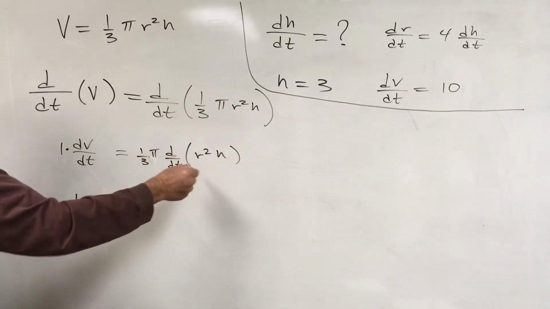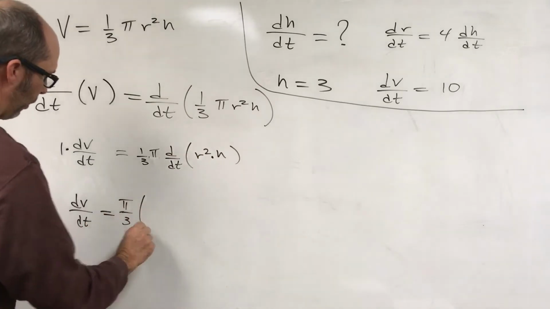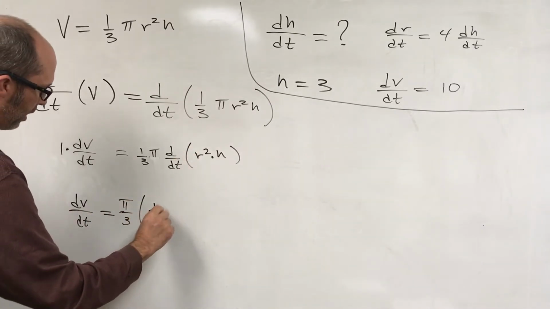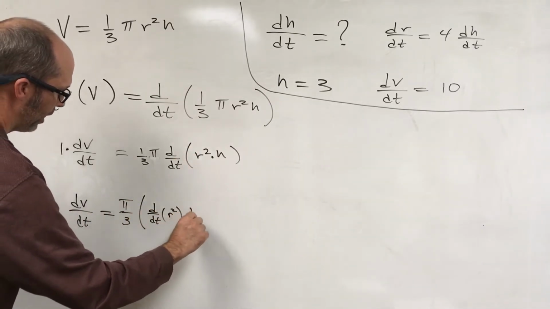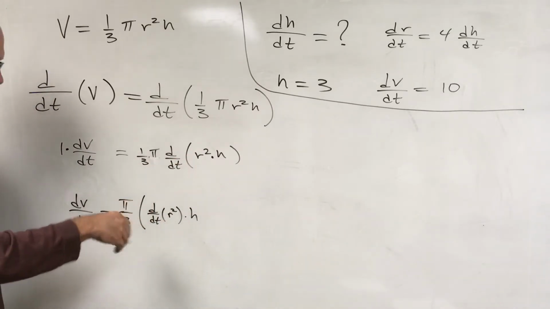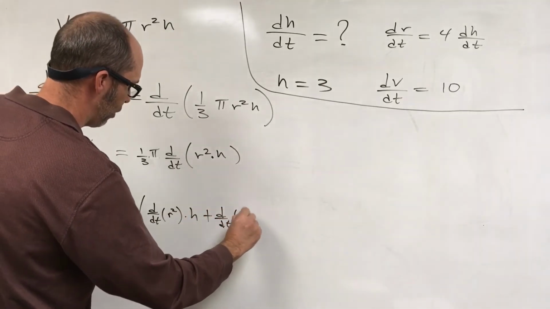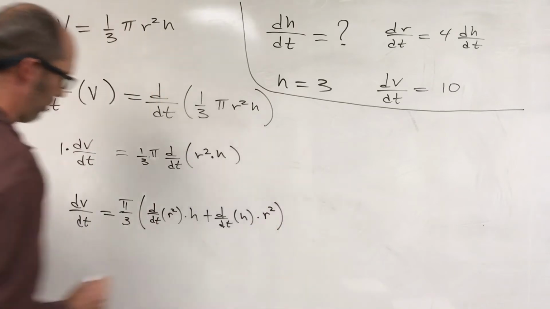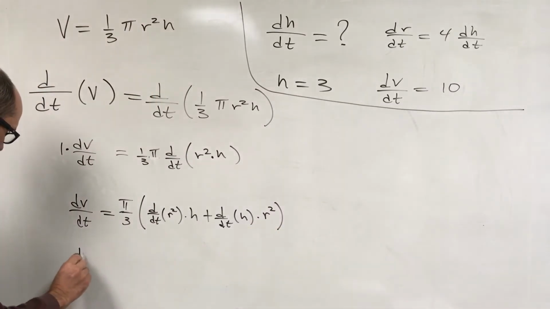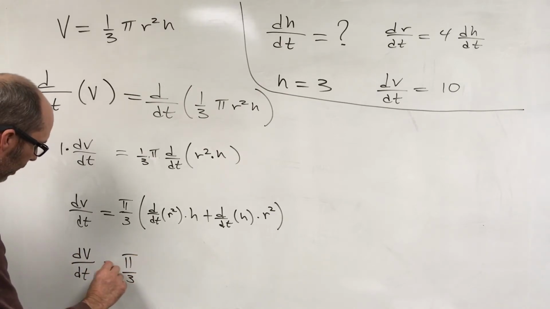Now we have a product, so we use the product rule. Let's do d/dt of r squared times h. First I'll just write out the power rule, because I'm not going to try to do all the math in my head. It's too confusing. So d/dt of h times r squared, times pi over 3.